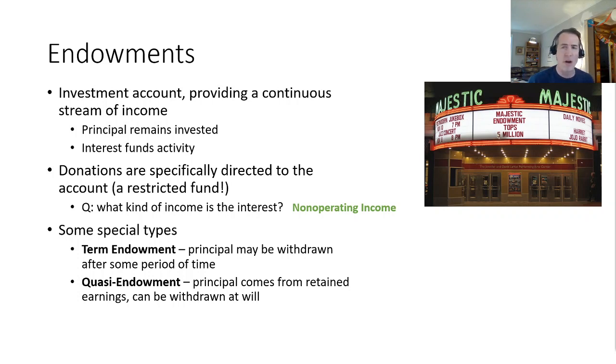A quasi-endowment is typically where, if an organization has been profitable over the year, the retained earnings are placed into an investment account. That's sort of an endowment, and the idea is that you live off of that interest, although there are no specific rules that say you have to keep the principal in there.